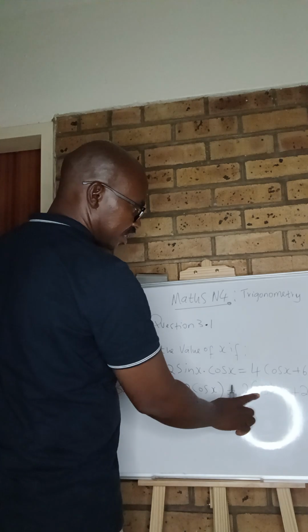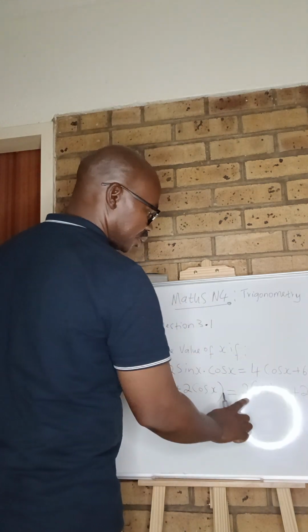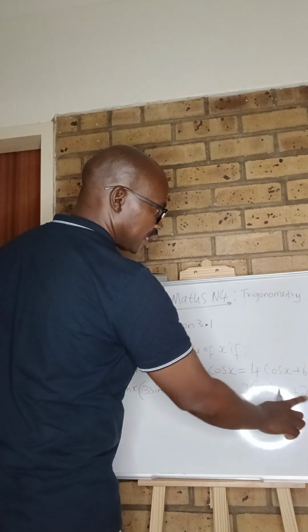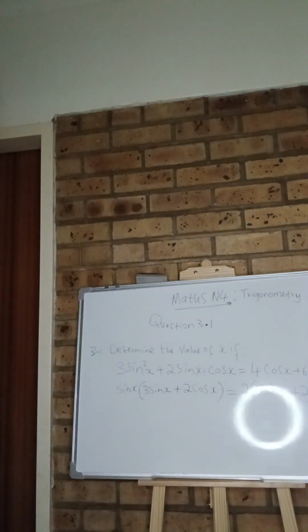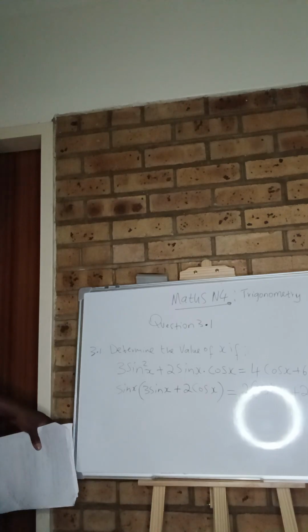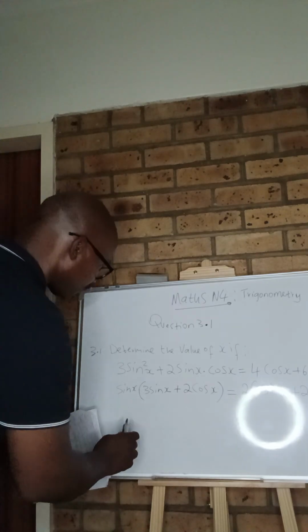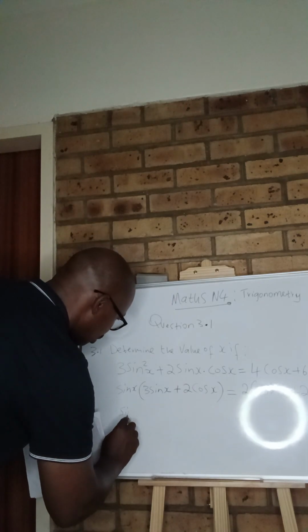When you multiply this 2 by 3 sine x, you get 6 sine x. When you multiply 2 by 2 cos x, you get 4 cos x. So everything is proper and according to the rules. You remember in math we follow rules. Once you break one rule, you are out of the game.